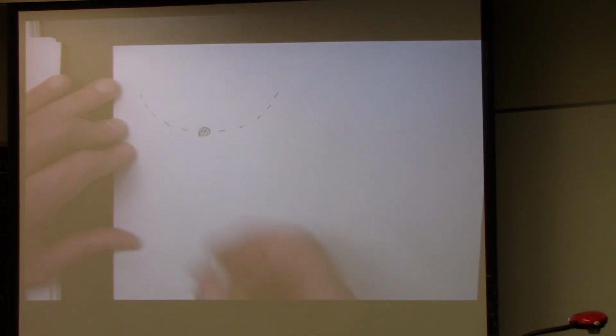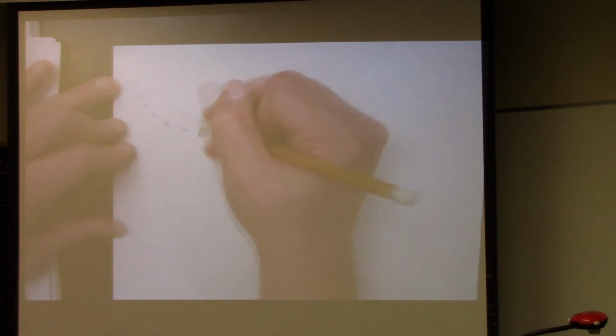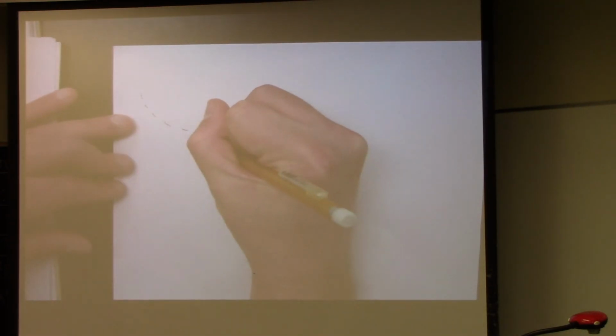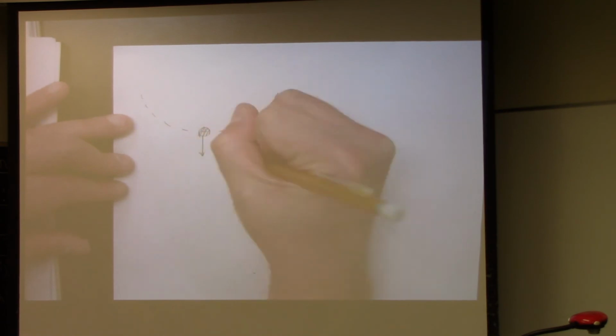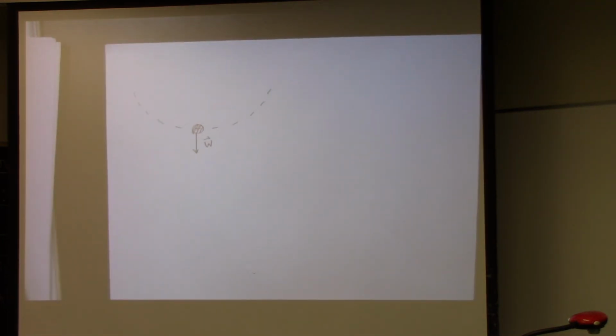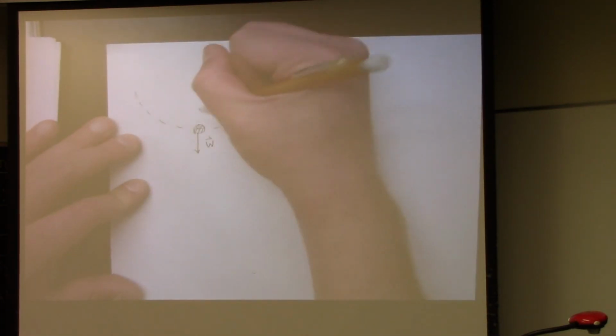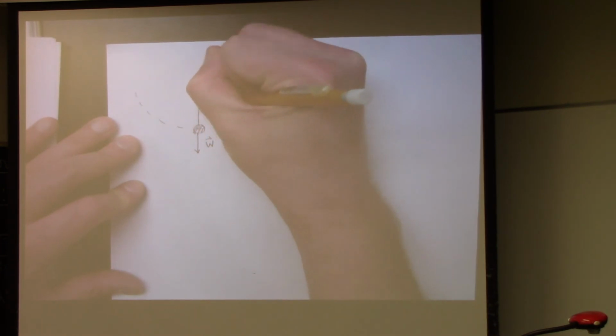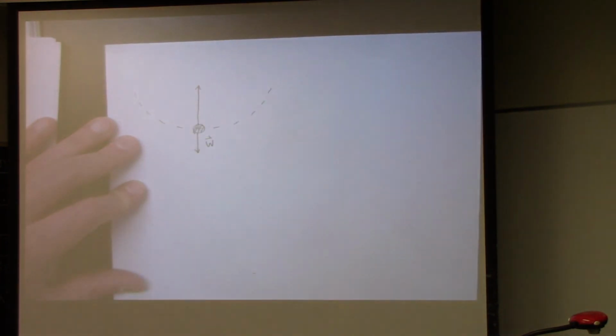Let's draw the forces that act on the ball. We're going to have the force of gravity, or the weight. The other thing we're going to have is tension. Tension pulls on the ball along the length of the string, so it's going to be a force that looks like this.